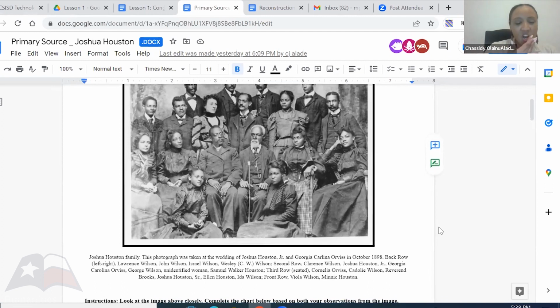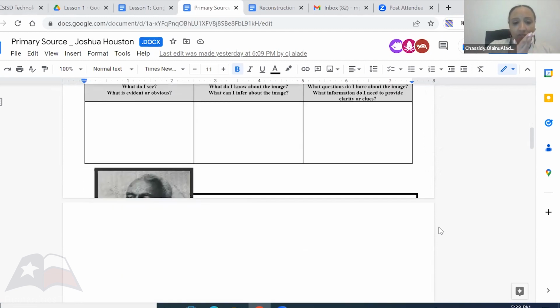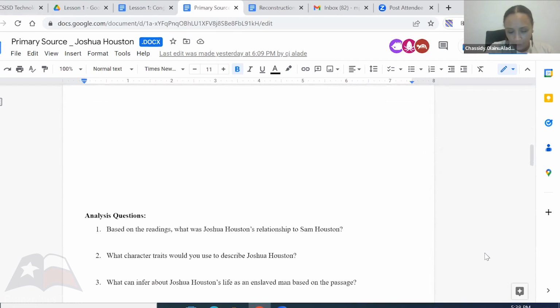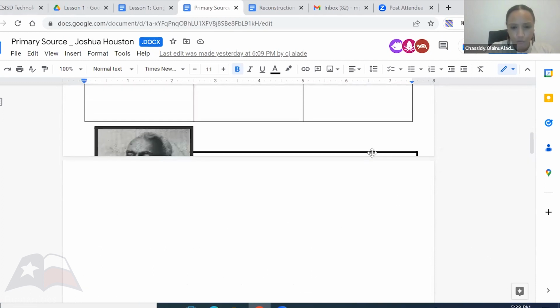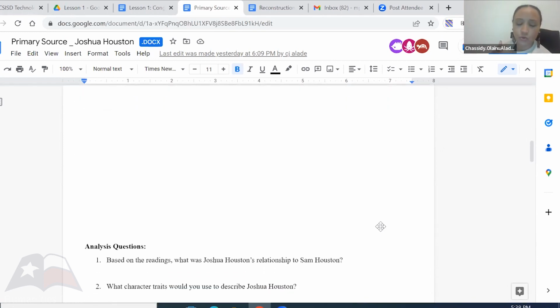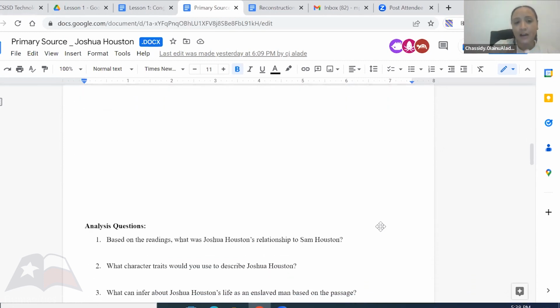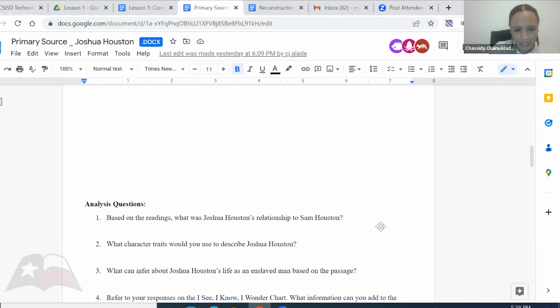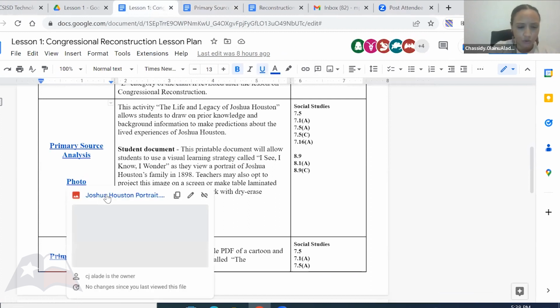If we scroll down, I wanted to give some more content and background. Our conversion is off. We'll go back and fix that. Some context and background on Joshua Houston. I found a fascinating resource that I linked to in the lesson plan. It looks like our conversion got wonky when we moved it over into the drive.